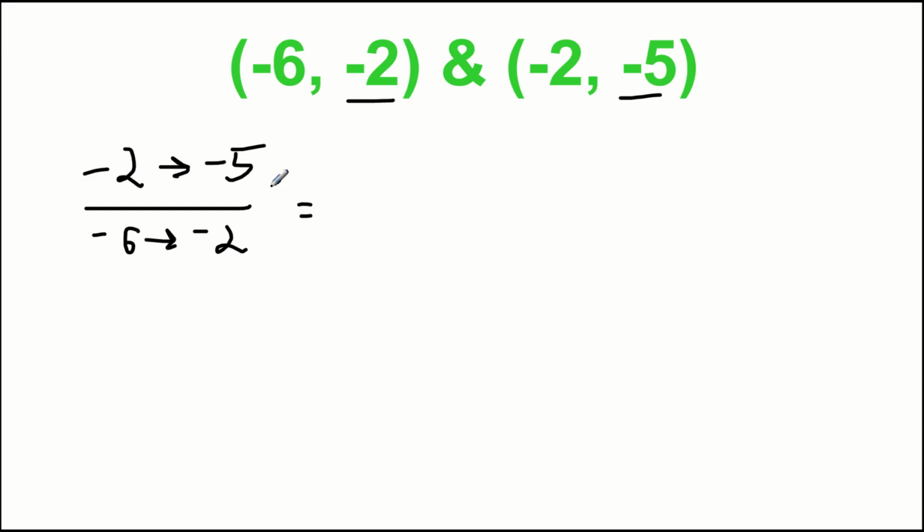From negative 2 to negative 5 is a decrease of 3. So that makes it a negative 3. From negative 6 to negative 2 is actually an increase. With negatives, if you're getting closer to 0, that means it's going up. So that's an increase of 4. So we would have negative 3/4 as our slope.